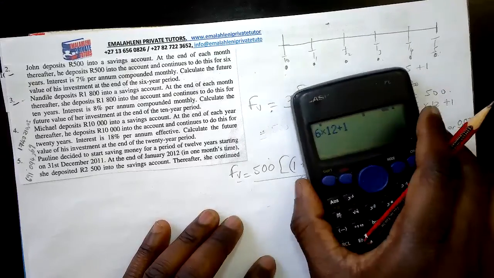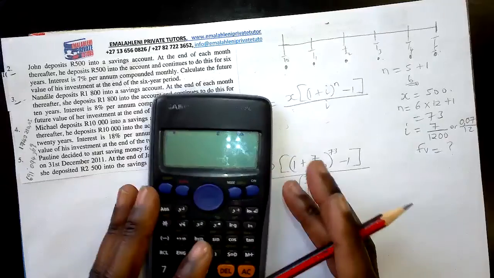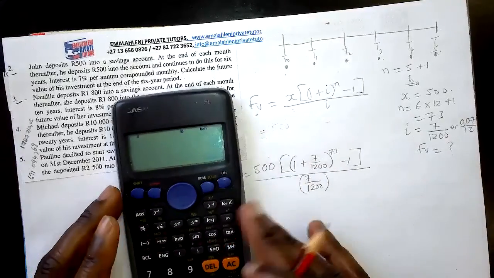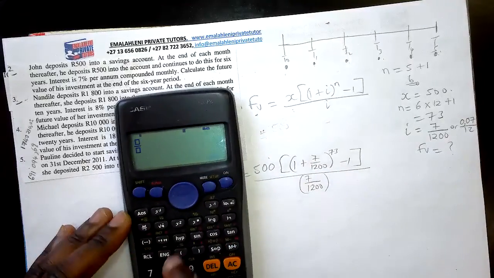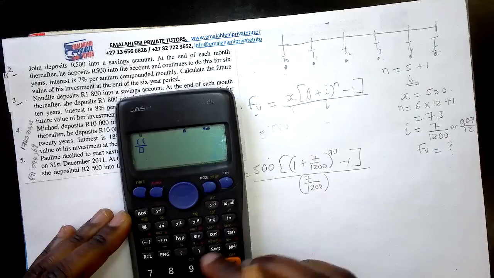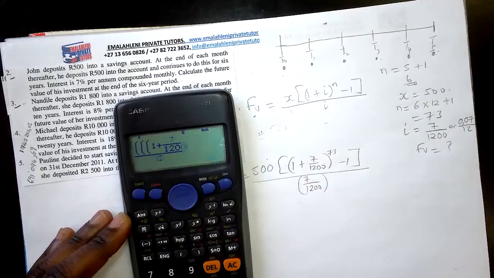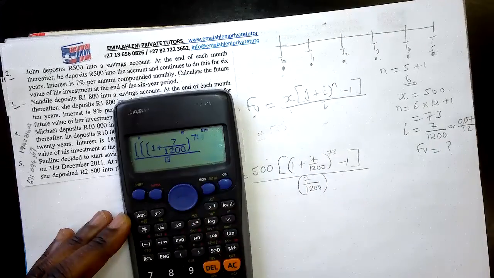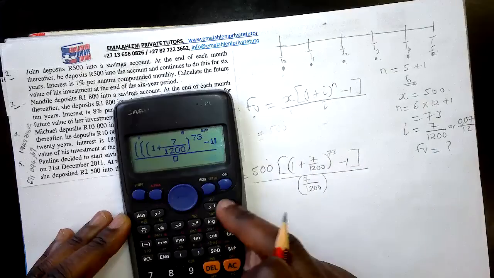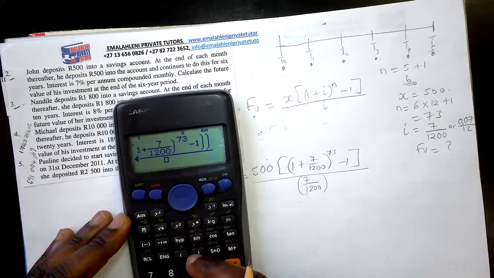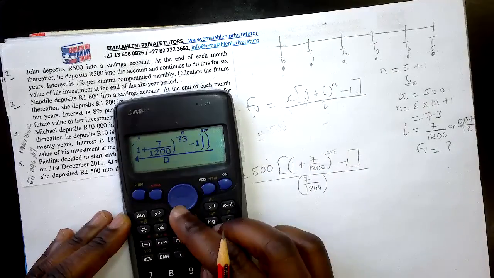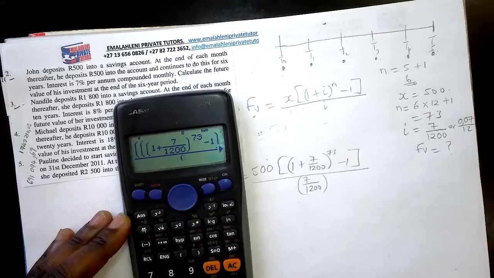Now we come here and punch our calculator: 1 plus 7 over 1200, close the bracket, to the power of 73 minus 1. We close the bracket. You need to put 2 brackets there. Then we put 7 over 1200.